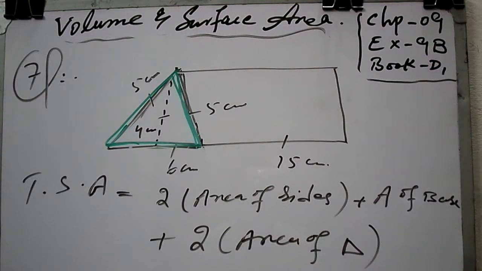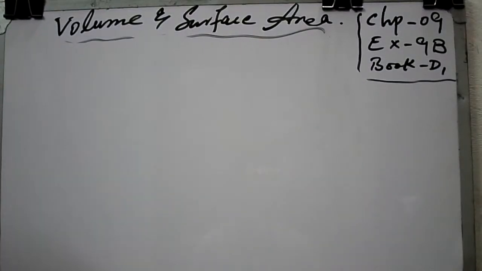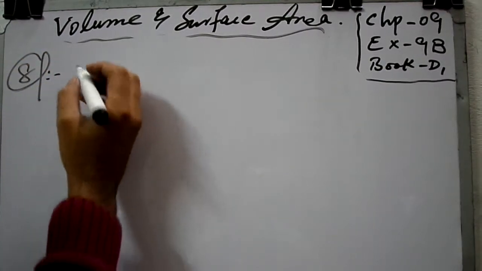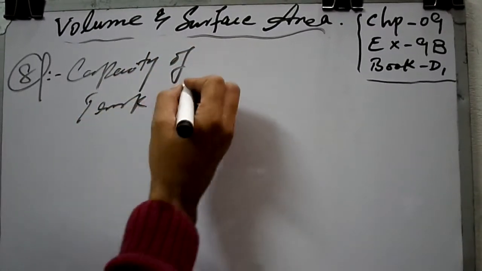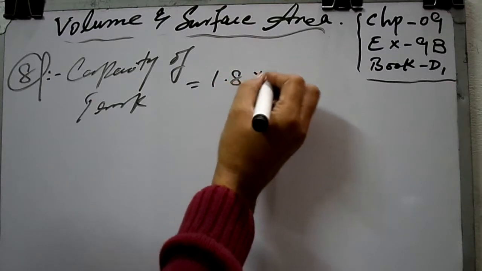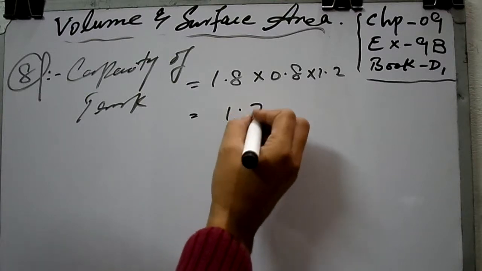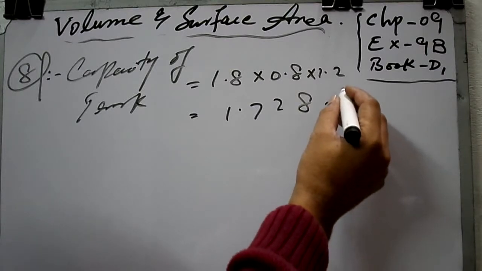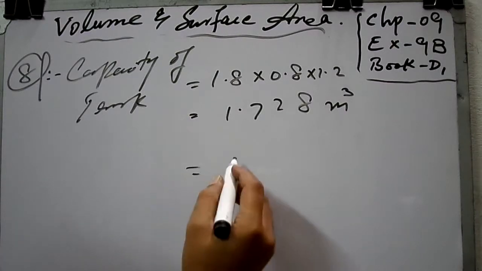First of all, you have to write down the data, because by writing the data we can understand in a better way. Capacity of a tank is equal to 1.8 multiplied by 0.8 multiplied by 1.2, that is 1.728 meter cube.